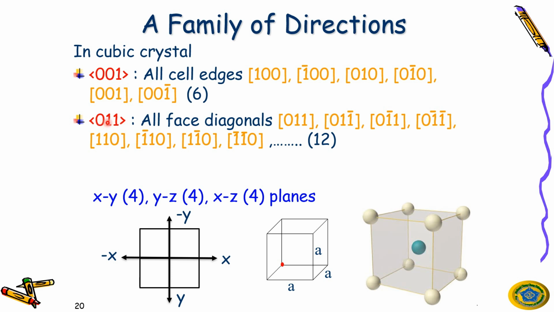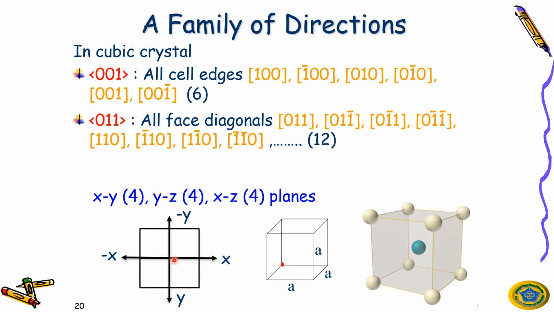How about this 0 1 1? What is 0 1 1? So 0 1 1, it can be 0, right? And 1 1. So we are talking about this one, or you can get 1 0 0. 1 0 0 is 1 1 0, 1 0 1, 0 1 1. So it's this one. So when we talk about x, y, we are talking about this one.